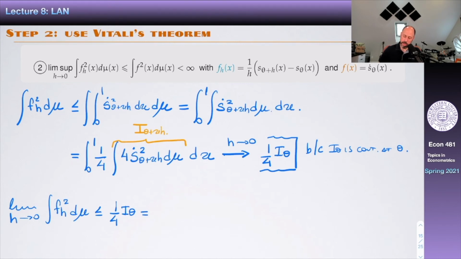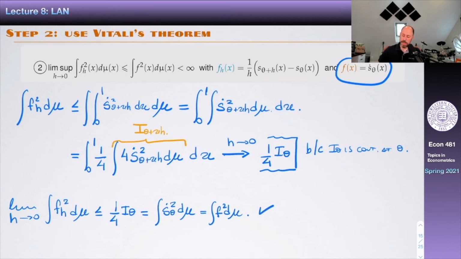Okay, but this is just the integral of s dot square theta d mu, which is the integral of f square d mu, given our notation for f and s dot.